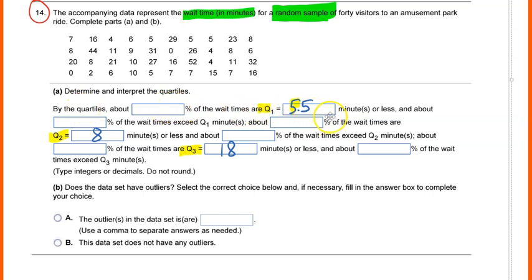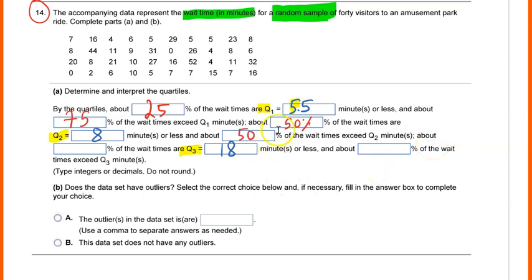Q1 means 25% of the wait times are 5.5 minutes or less, and 75% of the wait times are bigger than Q1, or exceed Q1 minutes. The Q1 here is 5.5 minutes. And about 50% of the wait times are Q2 minutes or less. Remember that 50% of the wait times are less than the median, which is Q2, and about 50% of the wait times exceed Q2 minutes.